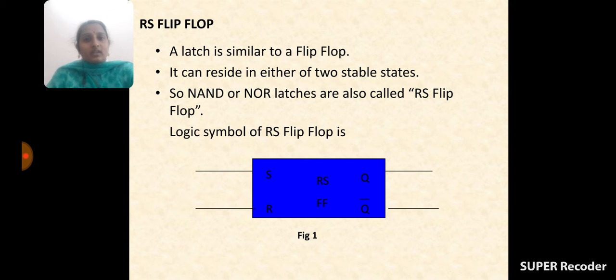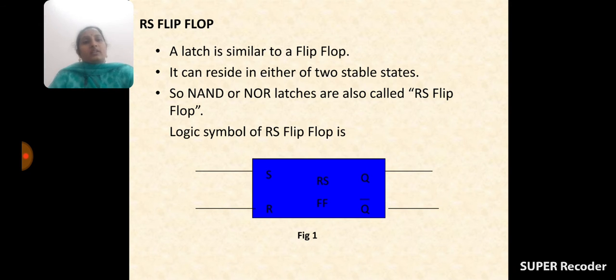The basic building blocks of combinational logic circuits are gates. And coming to sequential logic circuits, the basic building blocks are flip-flops.